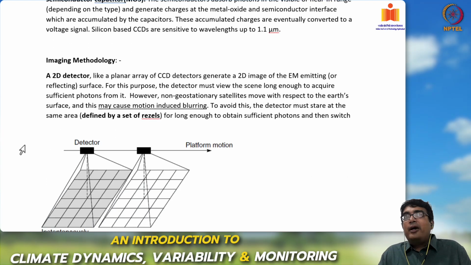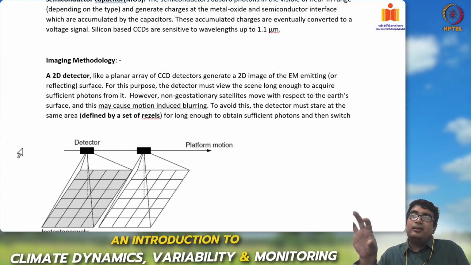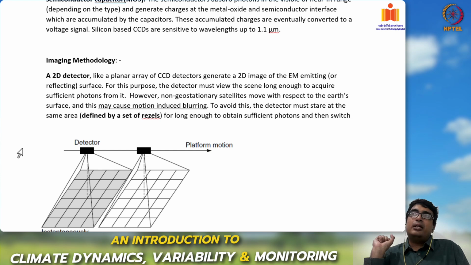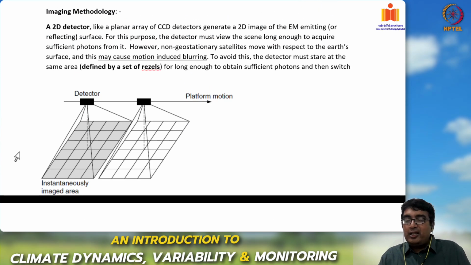How do we avoid this? Basically, what is done is that the detector tracks a certain region till it gets enough information and then does a step switch to the next adjacent location and then stares fixedly at that location for a certain amount of time.